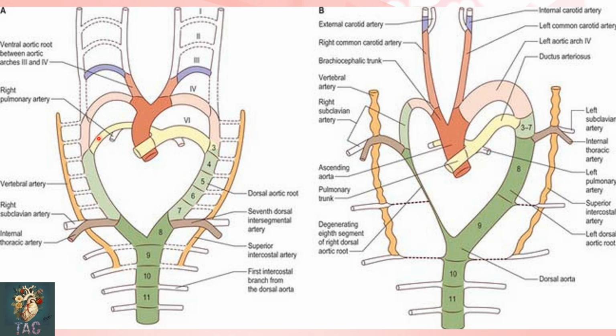So when this 6th aortic arch obliterates on the right side, the right recurrent laryngeal nerve will move upward, while on the left side, as the ductus arteriosus is present, the left recurrent laryngeal nerve will hook around the ductus arteriosus initially, and later when it forms the ligamentum arteriosum, it will hook around the ligamentum arteriosum. So these are the different branches.